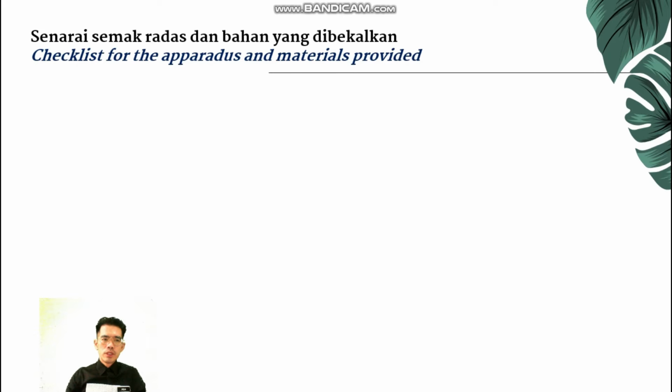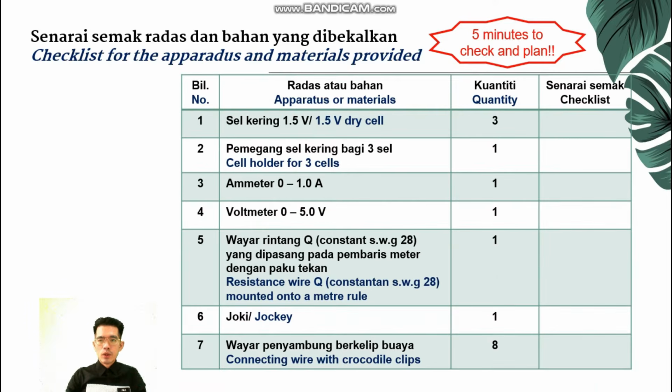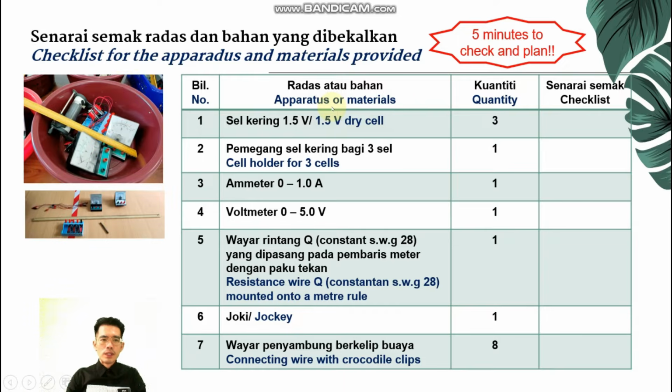Okay, so here is the checklist for the apparatus and material provided. For each subject or question you have about 5 minutes to check and plan. So this is the apparatus and material checklist. You have to check the quantity and the type of the apparatus and material correctly. Normally all the apparatus and material will be put in the basin.